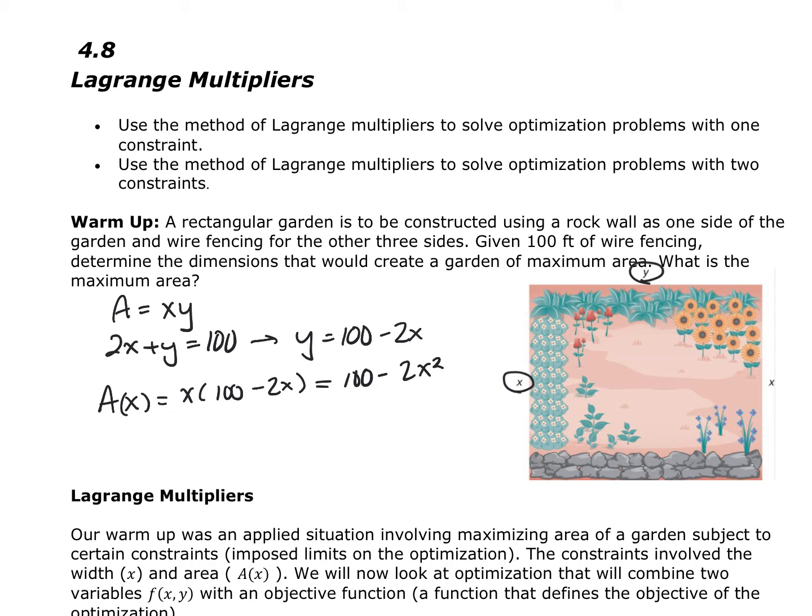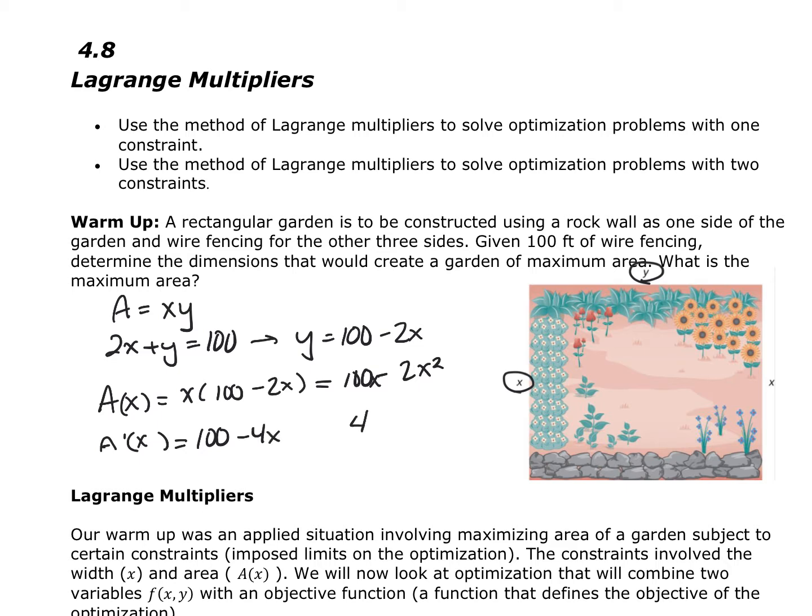Then we would have said, let's take the derivative and set the derivative equal to 0, and this is the location at which I have a maxima or a minima. These are my critical points. Now, I'm not guaranteed a maxima or minima, as we know from Calculus 1. It's just that's where my critical points would be. So A prime of x is equal to 100 minus 4x.